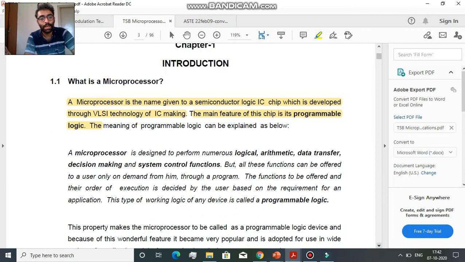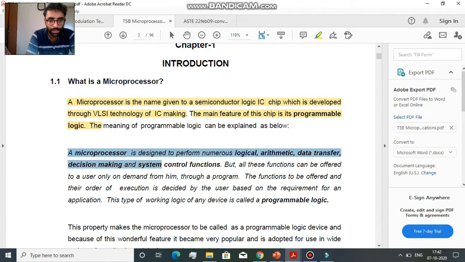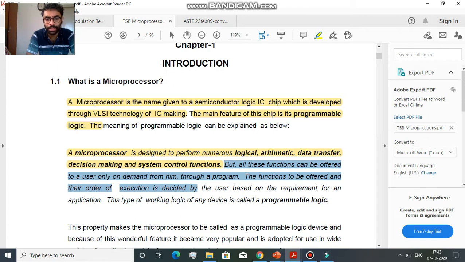Now a microprocessor is designed to perform numerous logical, arithmetic, data transfer, decision making and system control functions, but all these can be offered to a user only on demand from him through a program. The functions to be offered and their order of execution are decided by the user based on the requirement for an application.